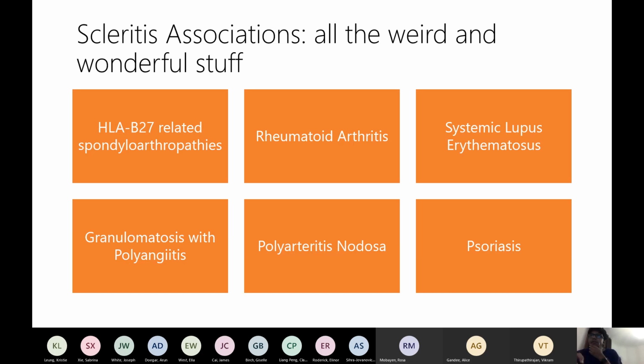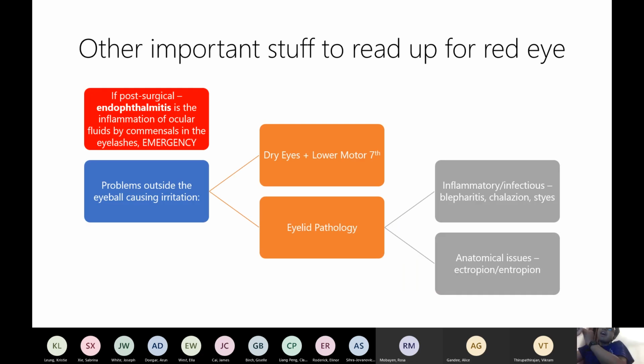It's a very rare subtype of it, and it's completely painless. But yeah, the important ones to remember are RA and GPA. The rest of them not so much. But yeah, those are the important causes of a red eye. I will note, here are some ones we haven't talked about today. So we spoke briefly about endophthalmitis.